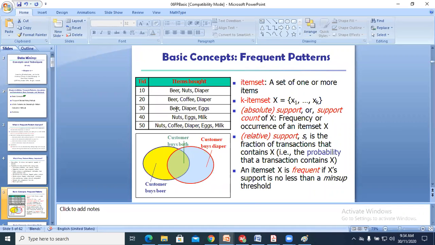For example, if we want to see the frequency of beer purchased from the store among these transactions, it is 3. So this is the support count, the absolute support, or the occurrence of an item in an item set, right?